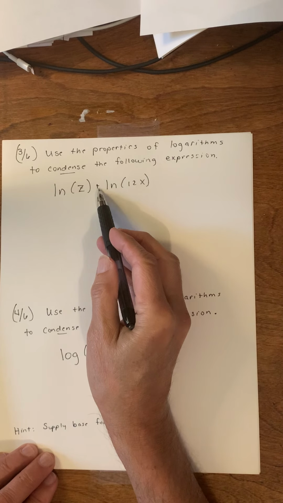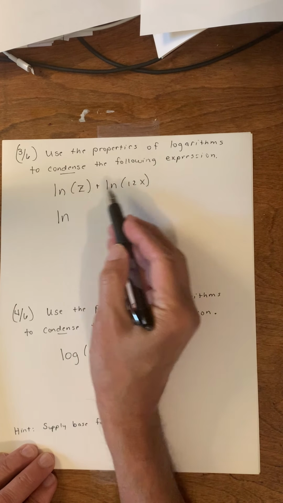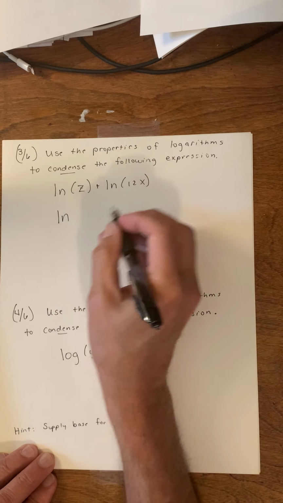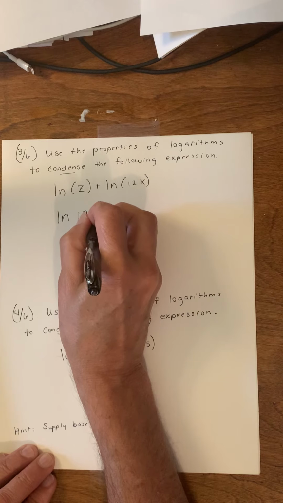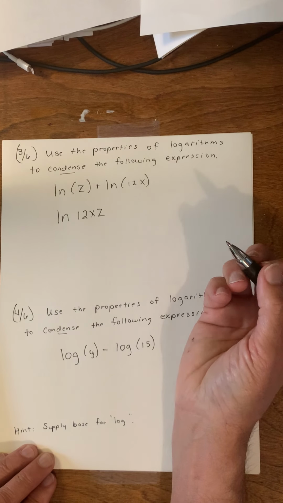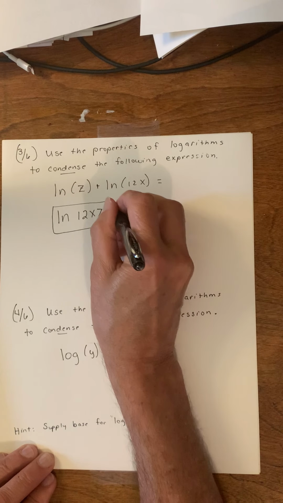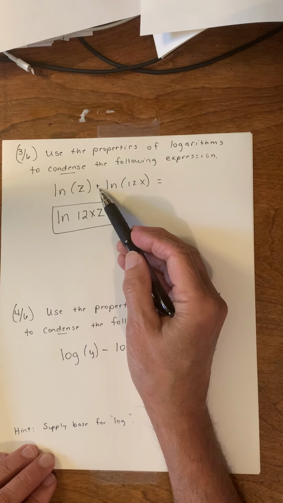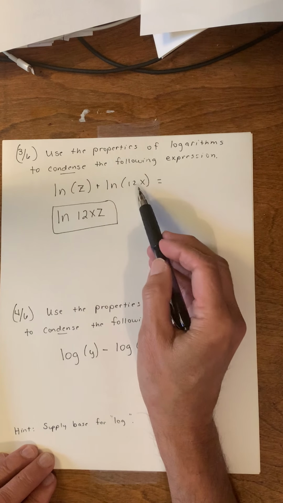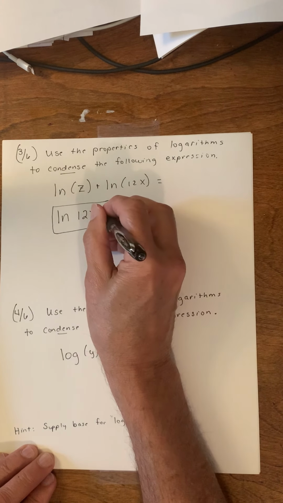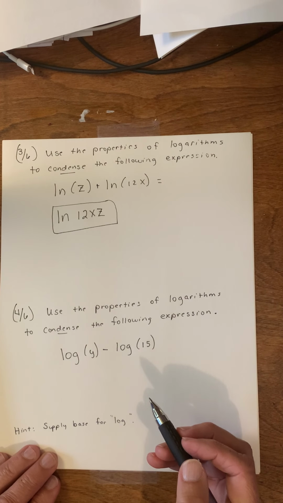So the sum of logs is the same as the log of these two things multiplied. So it's 12x times z. And that's it. The sum of two logs equals the log of their product. And I put the z second just to put it in alphabetical order because I'm a neat freak.